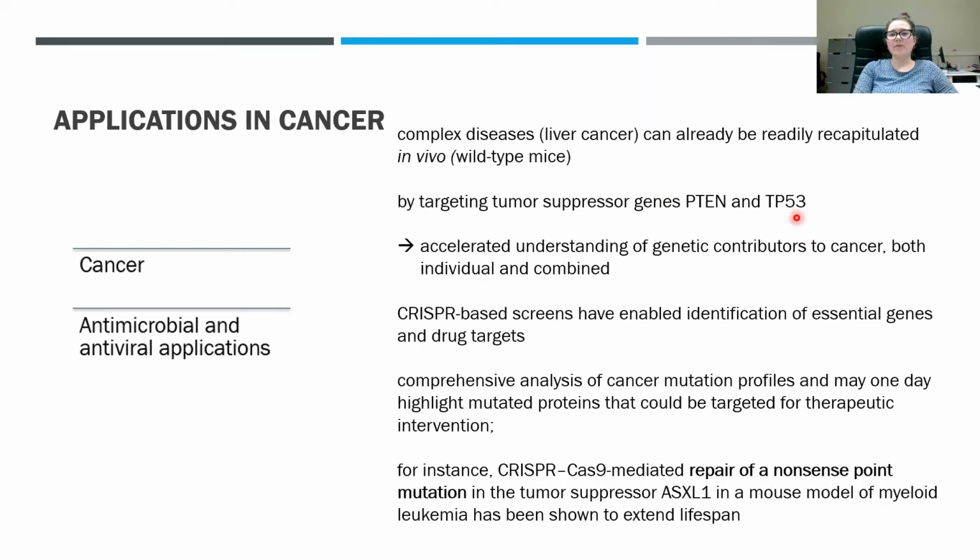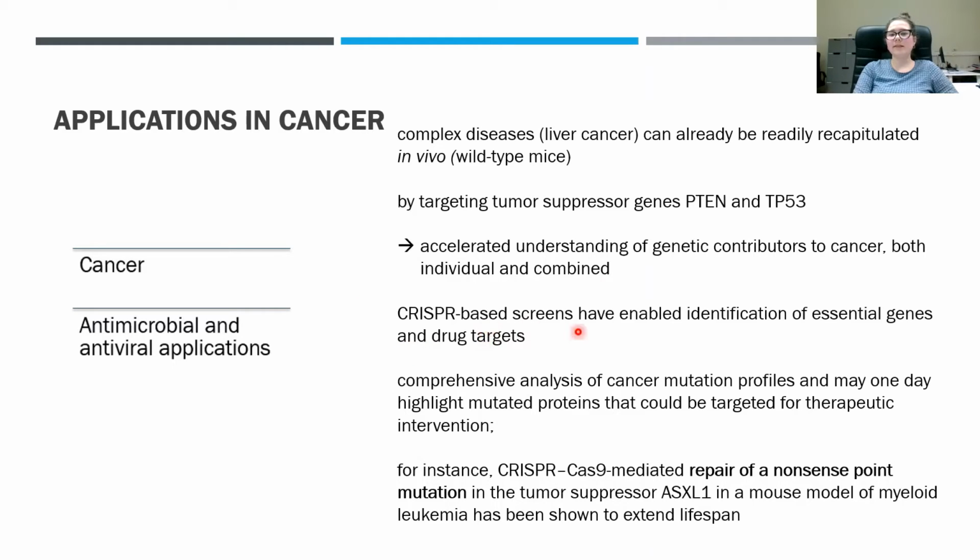And by doing that, we can understand more what genes contribute to cancer, either individually or combined. Tumor suppressor genes save us from cancer, and if we knock out those genes, for example with CRISPR, we just remove those genes, we can see if cancer becomes less metastatic.